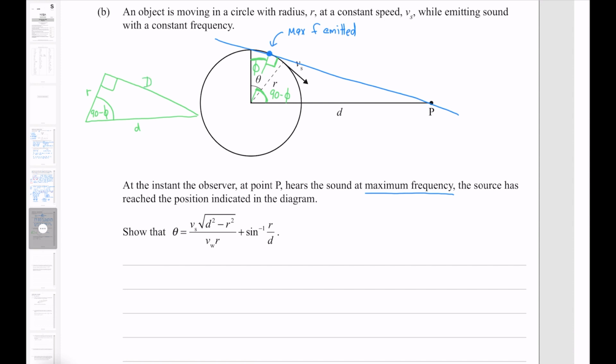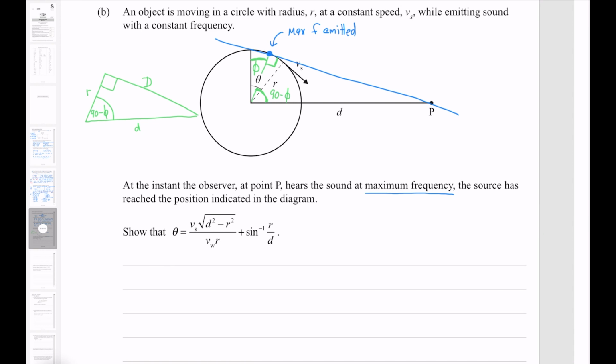And so my plan is to first find an equation for our starting angle, essentially, then add onto it the angle at which the source has moved through in the time required for the wave to travel this distance D. To do that, I first want to find an equation for my angle phi, our starting angle.